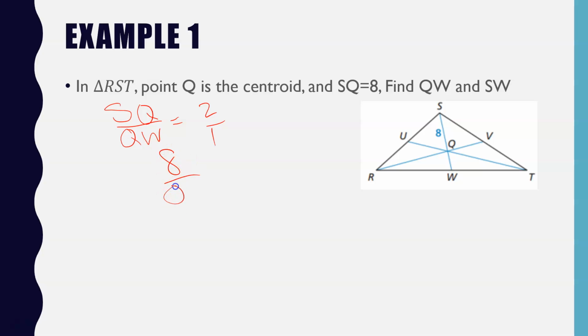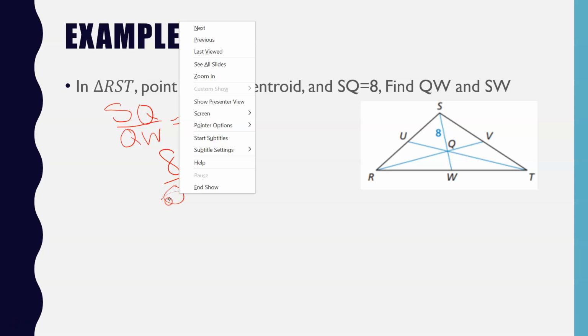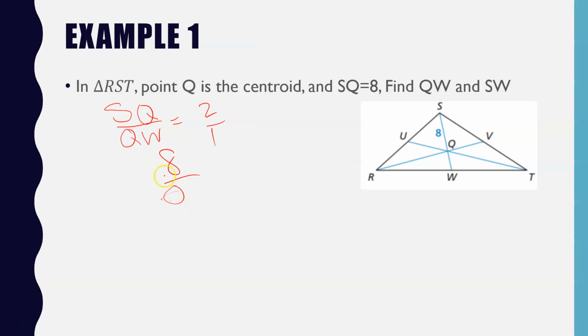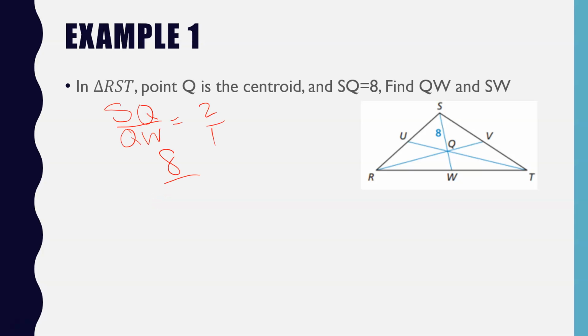So I have 8, and I'm going to use X for my QW, because I don't know what that is. I'm going to set it equal to 2 over 1.